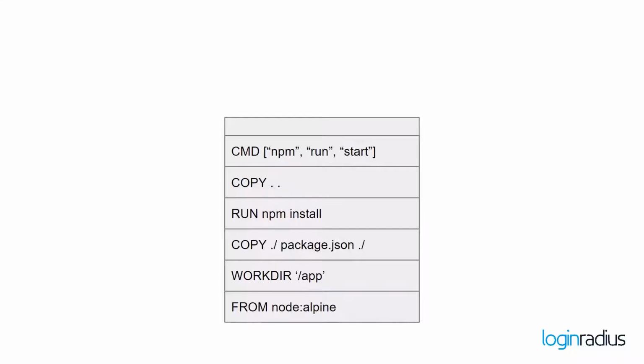You see the first command, FROM node:alpine. So this is the base image. Docker is not going to pull this image every time we issue the command docker build, and that is because nothing has changed there. Next, WORKDIR /app.